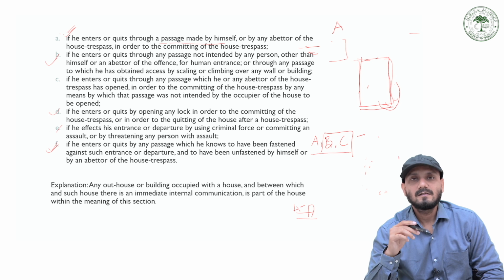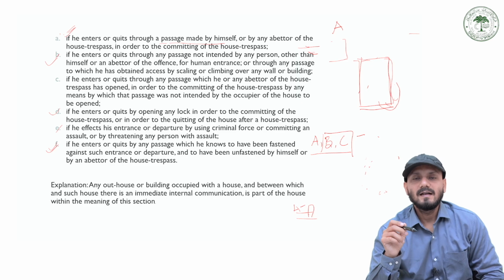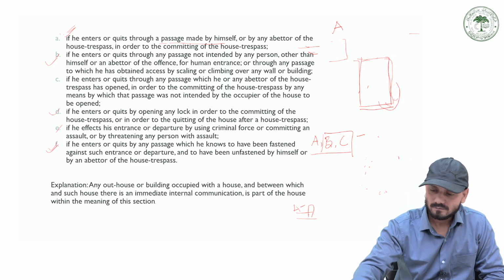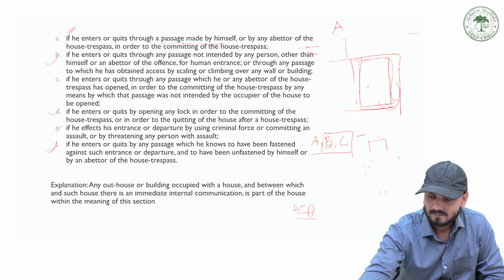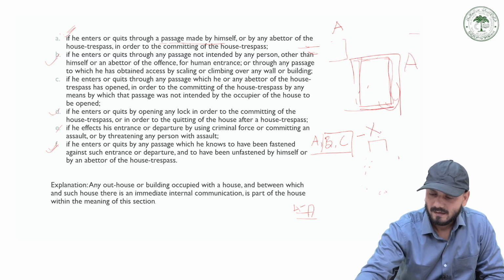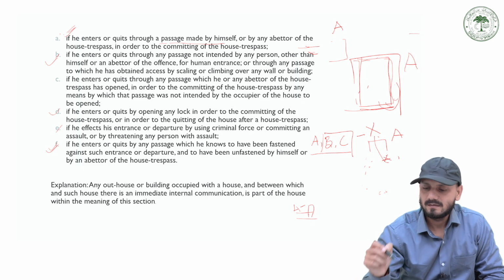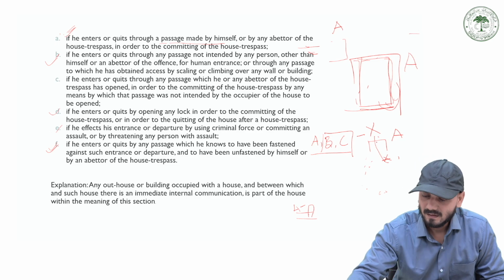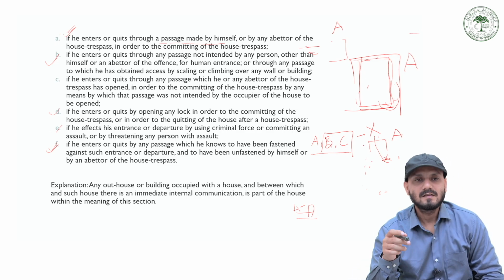This is an illustration given in BNS, and A commits house trespass by entering Z's house, having opened the door with that key. This is house breaking. Suppose this is a house, A is the owner, and A lost his key at this point. X picks up that key and opens the house with the help of this key. This is house breaking. I have told this illustration earlier.